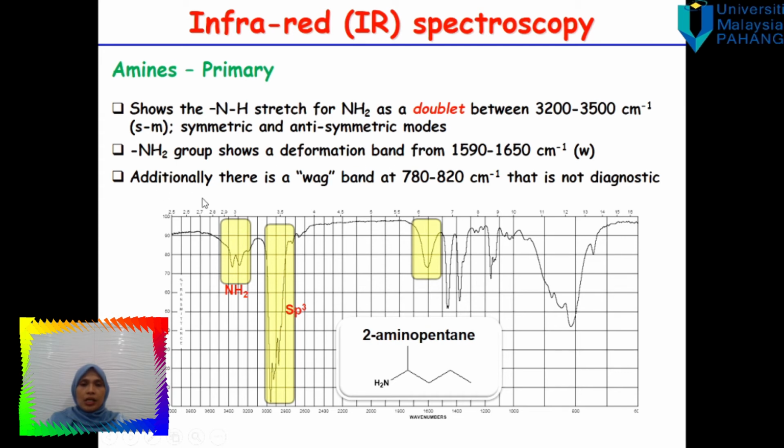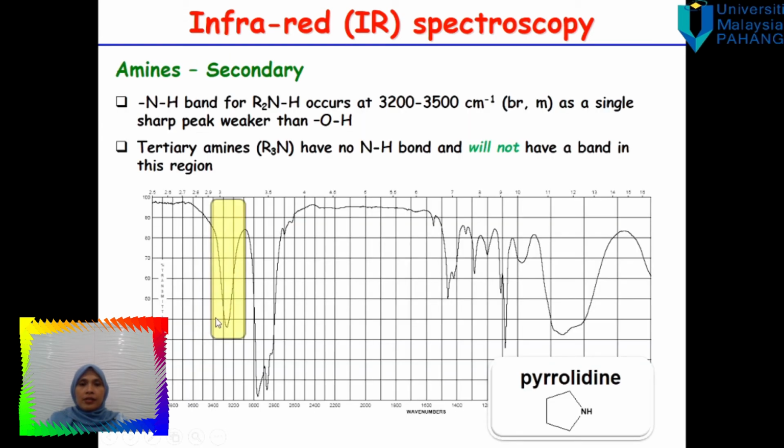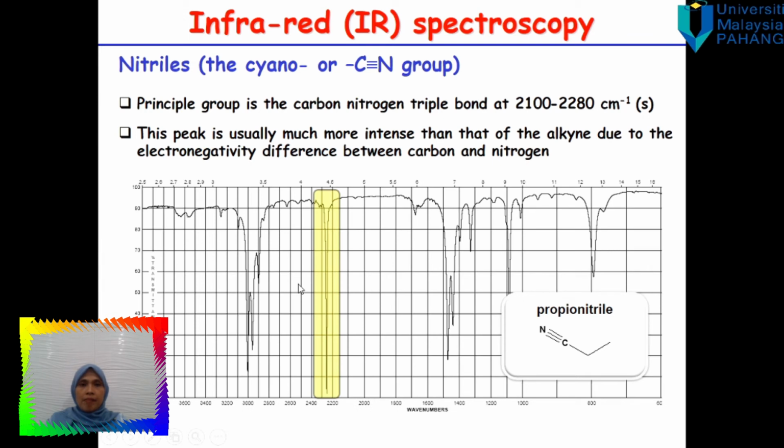This is for amine, and it is of strong to medium strength. The primary is a double band, the secondary is a single band. Same goes for amide and amine.